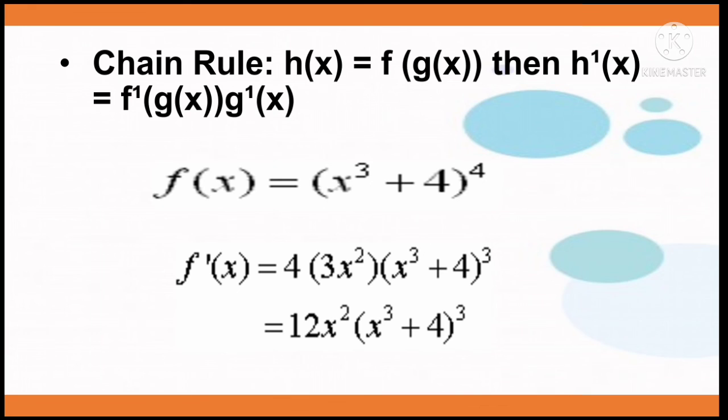So we came up with 3x squared, and then just copy the g of x, which is x cubed plus 4 raised to 3, as we subtract 1 from 4, and then distribute the given, and then we came up with 12x squared quantity of x cubed plus 4 raised to the power of 3.